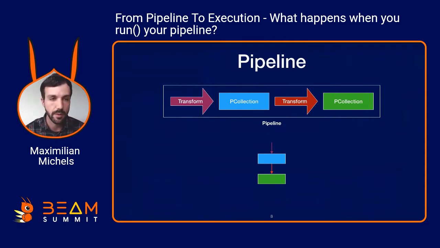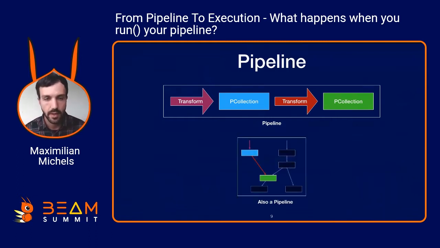There's a special type of transform which doesn't take an input, but produces an output, a PCollection. Then other transforms take that PCollection as an input and produce other or multiple PCollections. This is obviously kind of a graph, and it can also be more complex, taking multiple inputs to transforms and branching off.